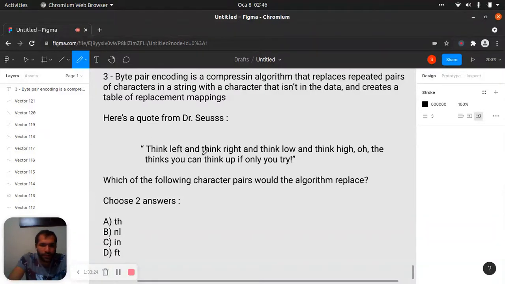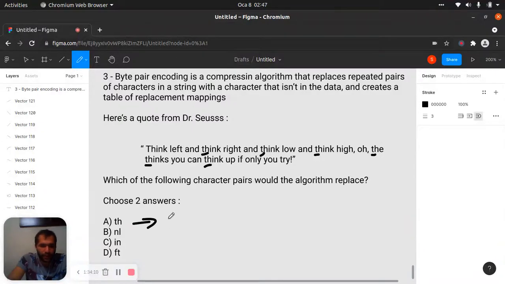But let's think about this place. We have 2, 3, 4, 5, and 6, I think. This one is repeating 6 times.